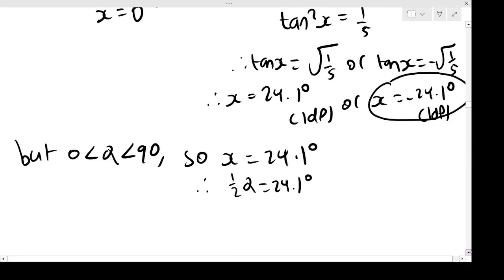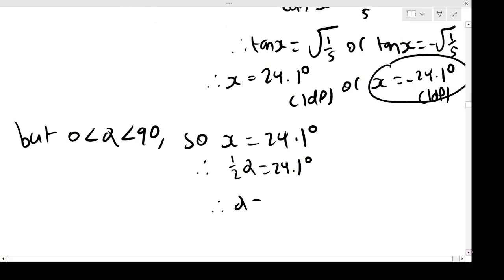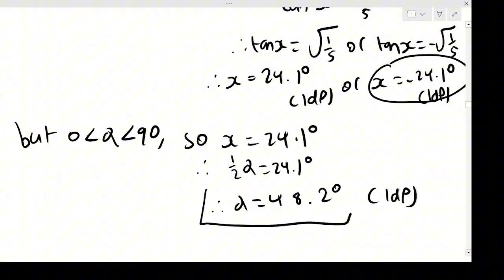So therefore, if I double it, I just get alpha to be 48.2 degrees to 1 decimal place, and that's my solution for alpha.